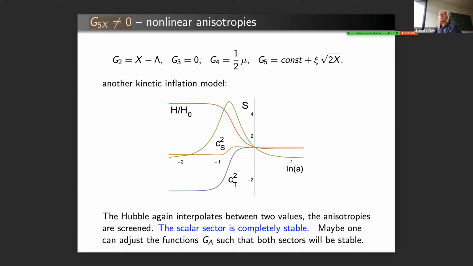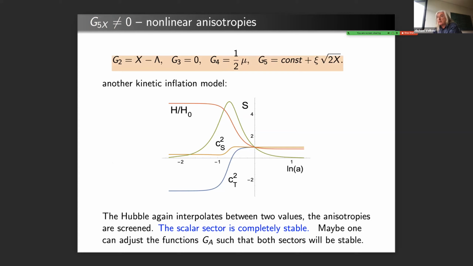It's actually quite complicated, but we considered another model with G5, and it also shows the phenomenon of kinetic inflation with Hubble constant in the past and in the future. And this time we have very good news.